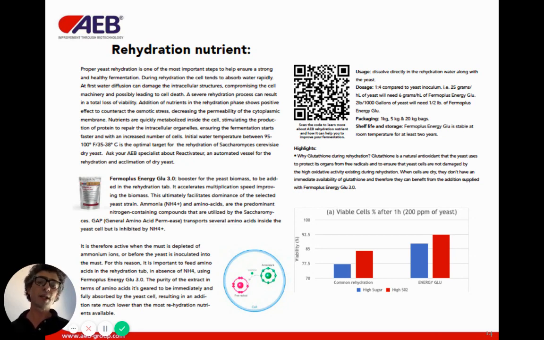So glutathione is the way that the yeast has to defend itself from oxidants. And normally the yeast has it on its own, but at the dry stage, when the yeast is just getting rehydrated, it's better if this component comes from an external supplement.